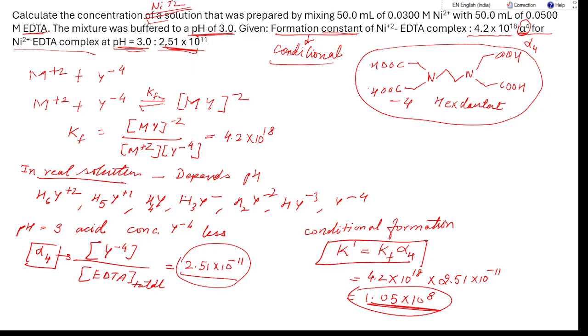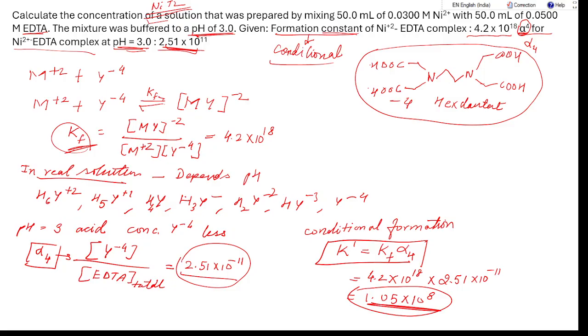If these two things are there, you can be certain that this question is not from the direct formation constant. This question is going to be from conditional formation constant. So first we need to treat it as a normal formation constant, find the value of Kf, and the value of Kf is already given.